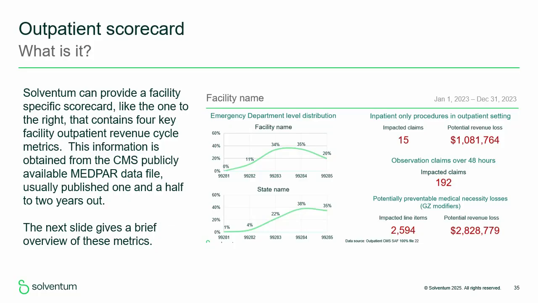It contains 4 key facility outpatient revenue cycle metrics that we obtain from the CMS publicly available MedPAR data file. This MedPAR data file is published 1.5 to 2 years out. The next slide that we'll talk about gives a brief overview of these metrics.